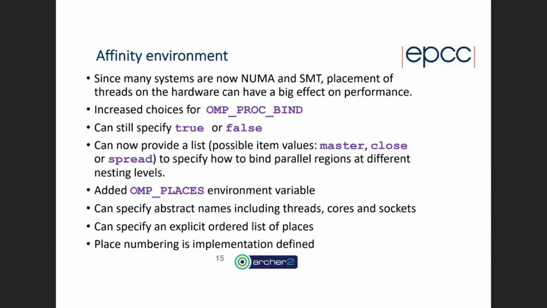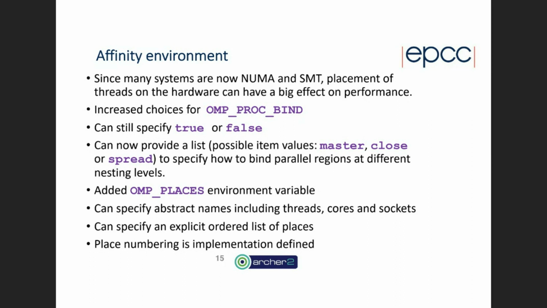You can still specify just true or false, but you can also provide a list, and the values it can take are master, close, and spread. That specifies how to bind the parallel regions at different levels.